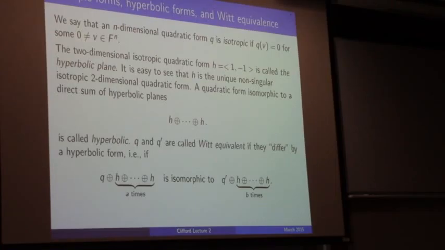In other words, if Q plus some number of hyperbolic forms is isomorphic to Q prime plus a certain number of hyperbolic forms. A priori, Q and Q prime may be of different dimensions. You see, once you increase the dimension, there's more room for equivalence. There are more linear transformations there that can take one to the other.